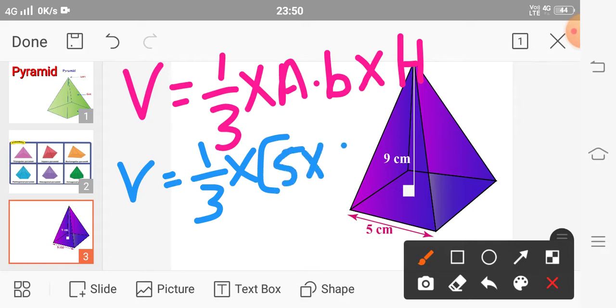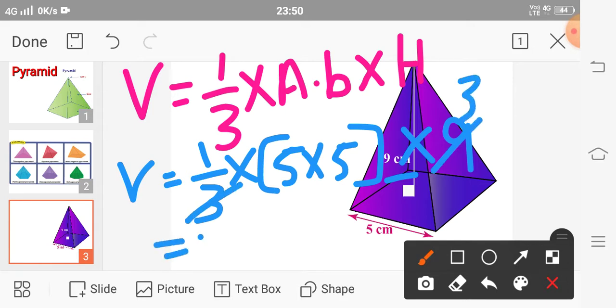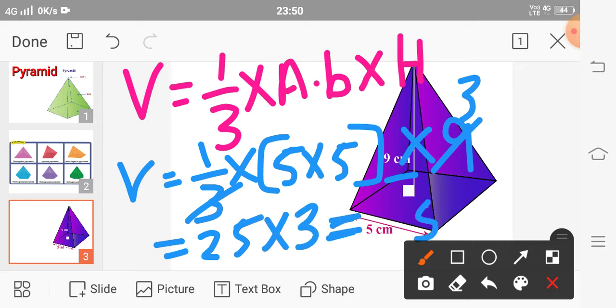So 5 into 5 into height, here given 9, so 9 centimeters. 3 3s are 9, so 25 into 3, that equals 75 centimeter cube.